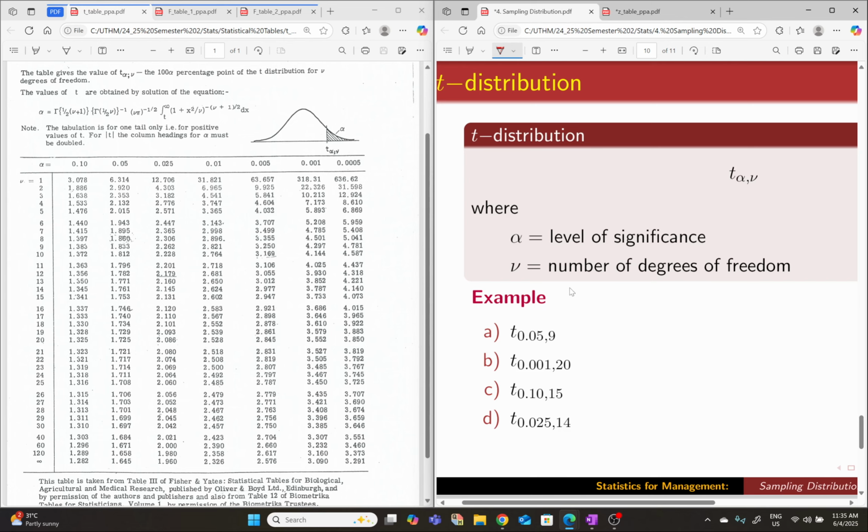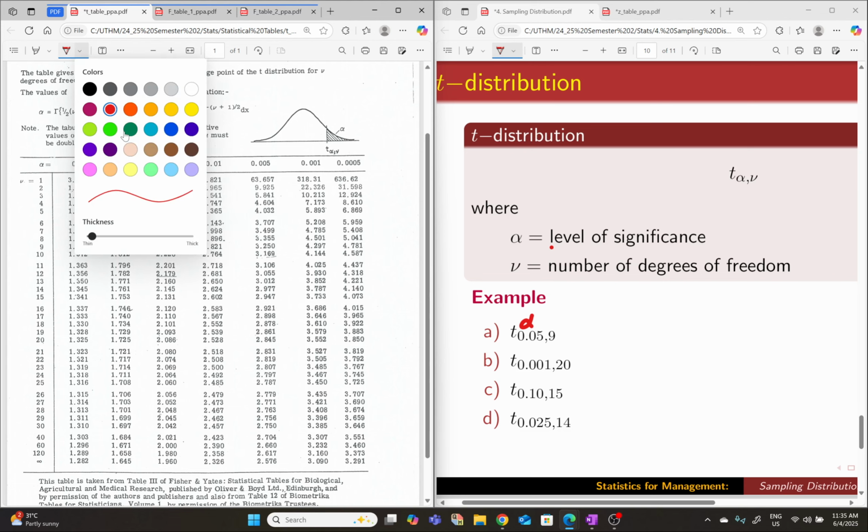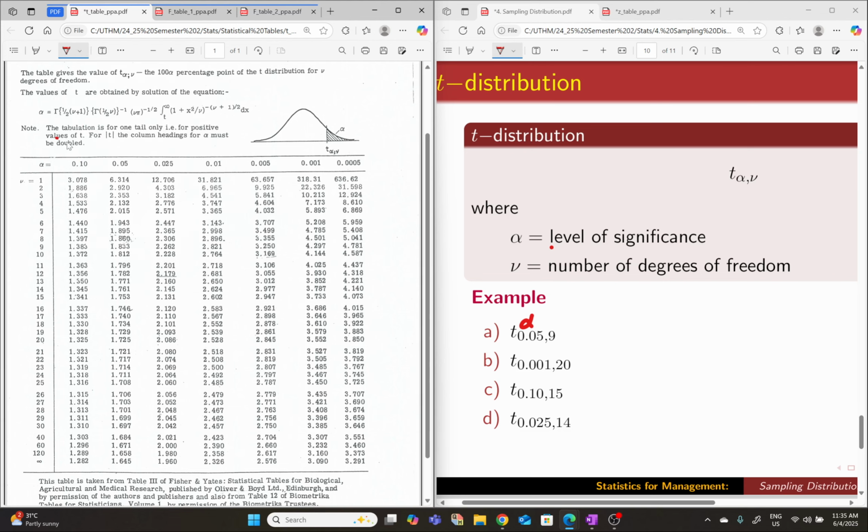Now, let's say when you compute, later we will learn how to compute, let's say you get this one. So how to get this number? Level of significance, this is alpha now. Alpha is here. Level of significance 0.05 is your alpha. 9 is your degree of freedom.